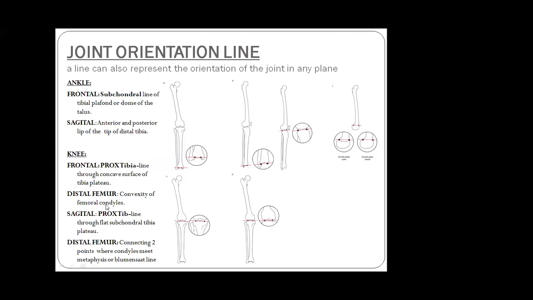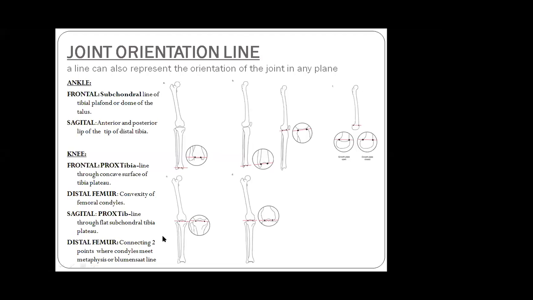Now, the second joint orientation line in the knee is at the level of the distal femur. In the frontal plane, it is drawn by a line passing through the convexity of the femoral condyles, as is very well seen in the diagram.